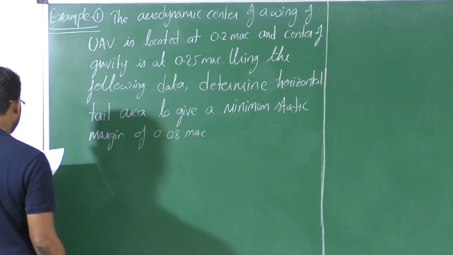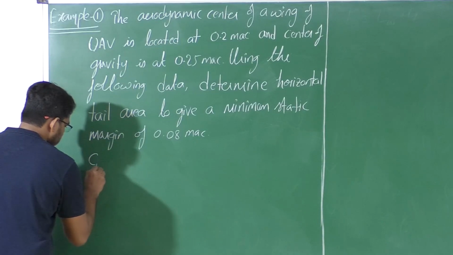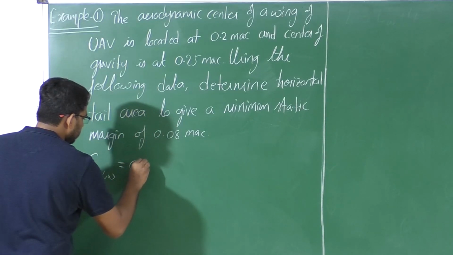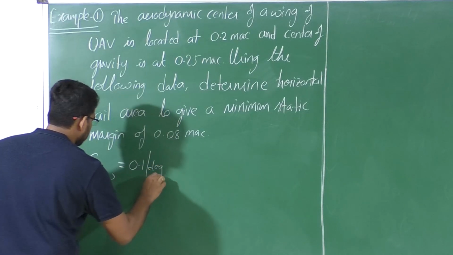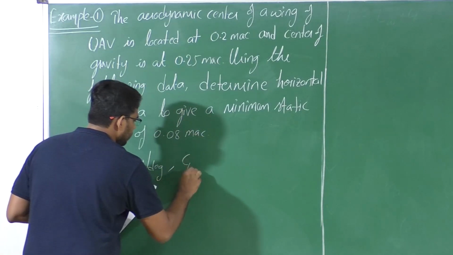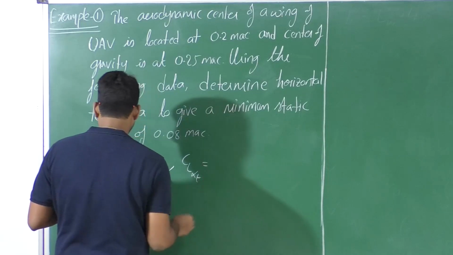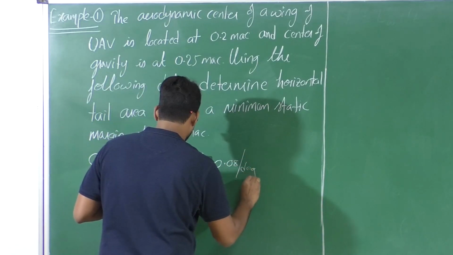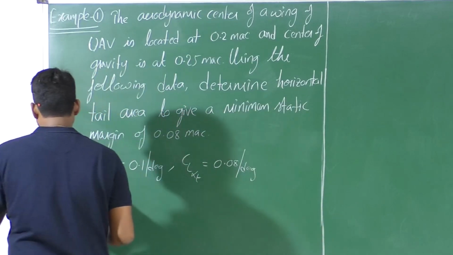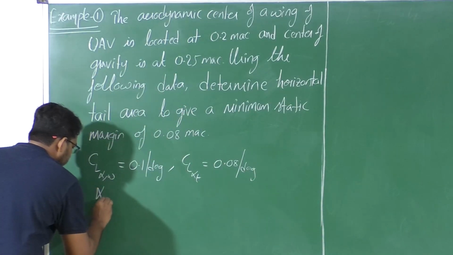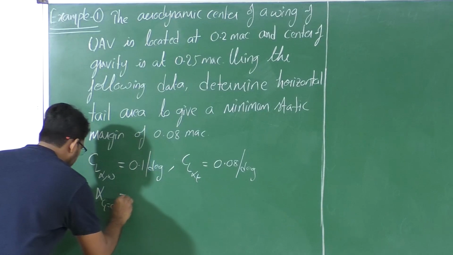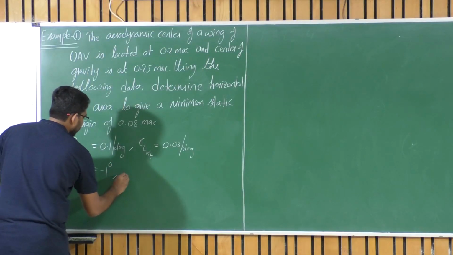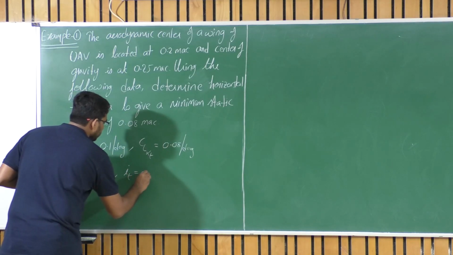So the data given is: CL alpha of wing is given as 0.1 per degree, CL alpha of tail is given as 0.08 per degree, and zero lift angle of attack alpha_L=0 is -1 degree, and it has a 0 tail setting angle, i_t is given as 0.